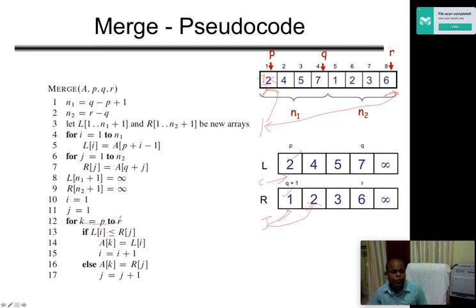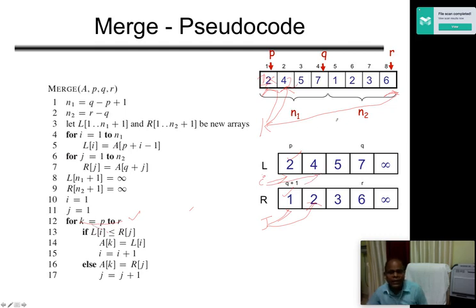Now again it will go to the loop. Again in this loop, k will be k plus 1, that means k will point to here now. Now in the same case, compare L[i] with R[j]. L[i] is 2, R[j] is 2. Hence A[k] is equal to L[i]. k is pointing to here and L[i] is pointing to here, hence 2 will be here, and i will point to the next element.